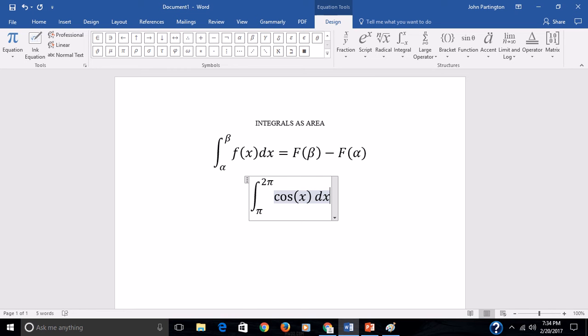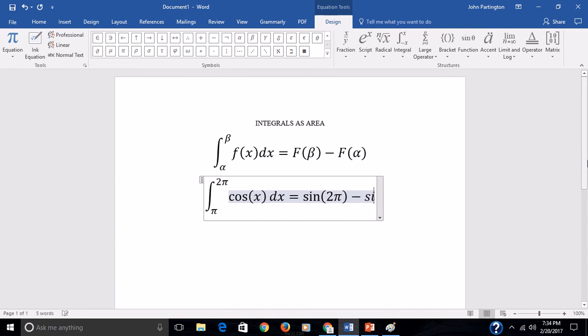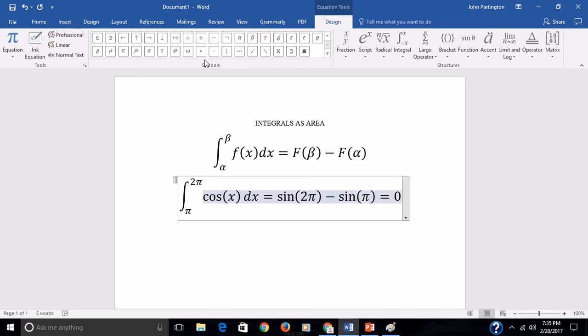We're going to say this is going to be sine, as that is the antiderivative, of 2 pi minus sine of pi. This is really not that hard once you have learned your integrals. Sine of 2 pi is 0, and sine of pi is 0, so this area is going to be 0.